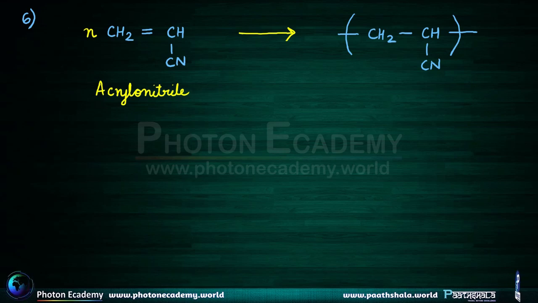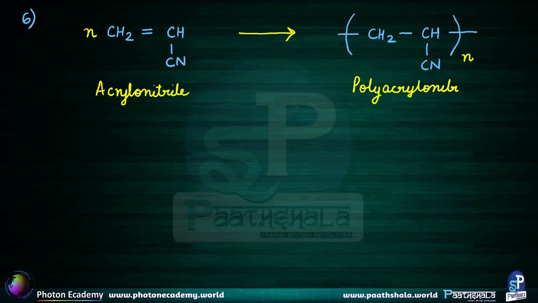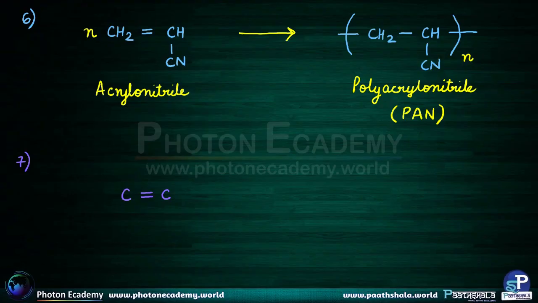So n units we are getting, and this is known as polyacrylonitrile. Okay, now this polyacrylonitrile can be called PAN.